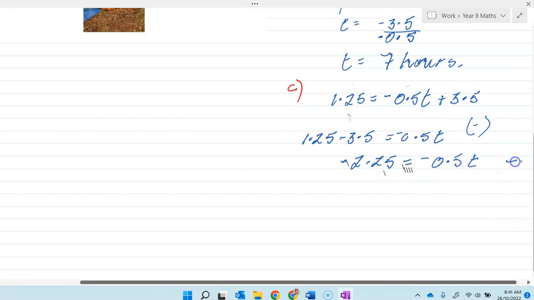So we divide both sides by negative 0.5, and so you've got negative 2.25 divided by negative 0.5 equals t. So t equals, and you divide that, t equals 4.5 hours.